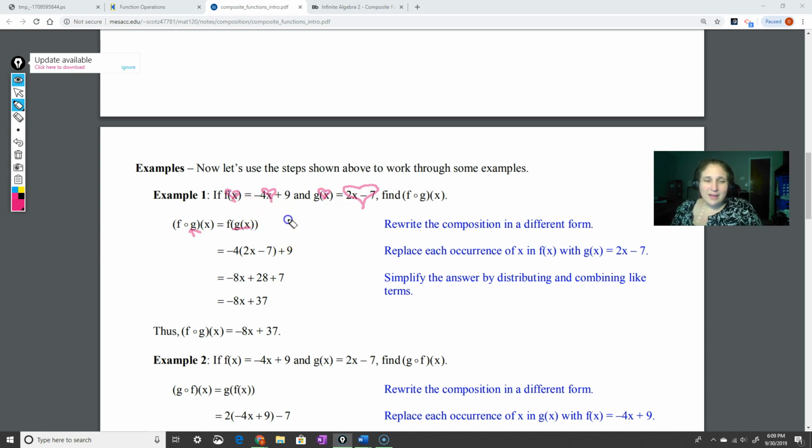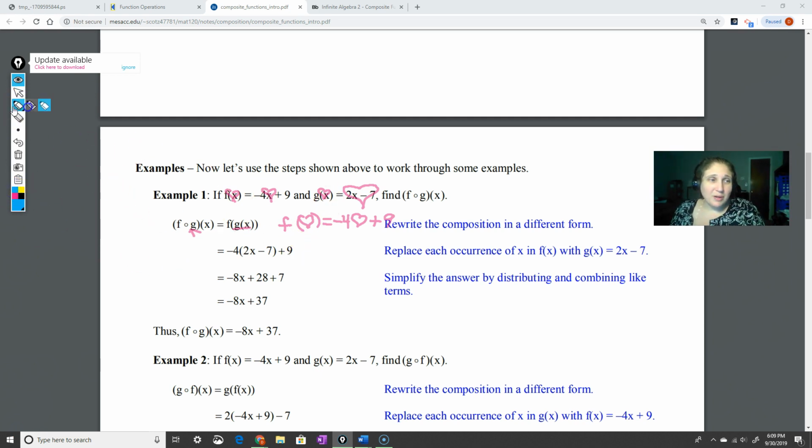So this says f of heart equals negative 4 times heart plus 9. And if you don't get this, that's totally fine. Some people will get it, some people won't. Then I'm like, okay, well, what does heart equal? Well, heart equals 2x minus 7.